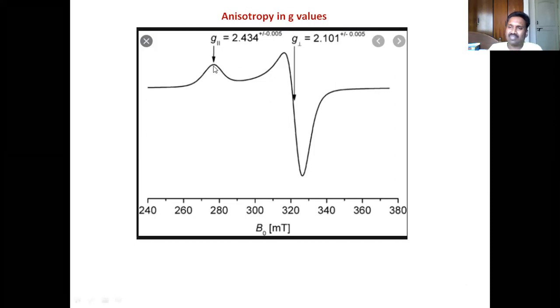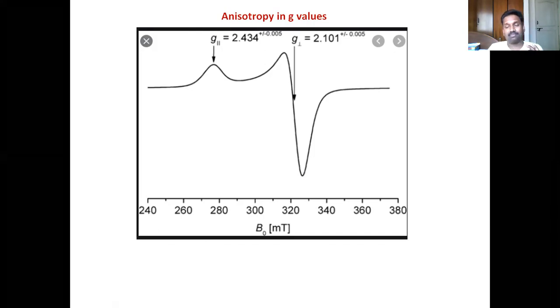So how do you calculate the G value here? Simply you take the field strength at this point, and you know the operating frequency of the spectrometer, whether it is X band or others. You know the microwave frequency at which the spectrometer is operating. Use these two terms in your fundamental equation and get the value of G. Okay, so now you are observing two peaks. You have done all your calculations and you are surprised to see two G values.